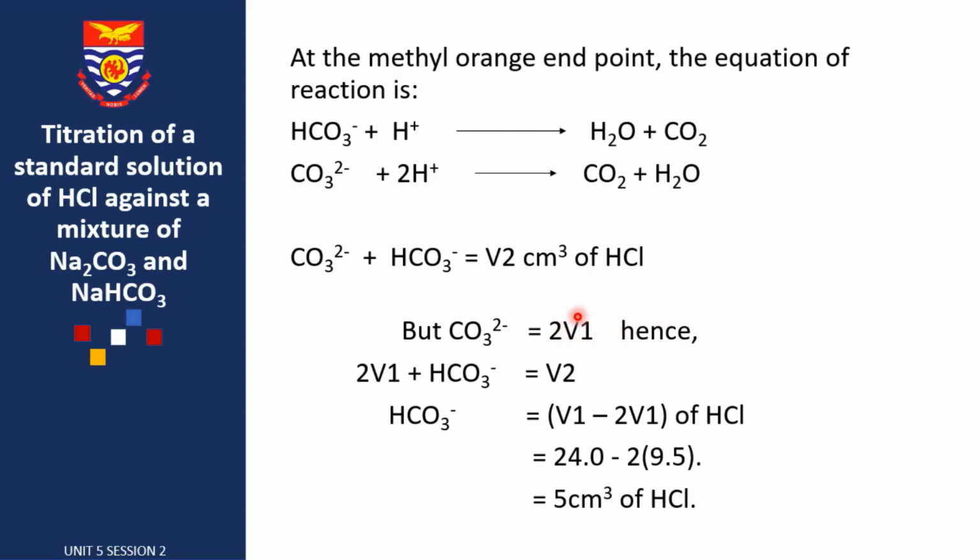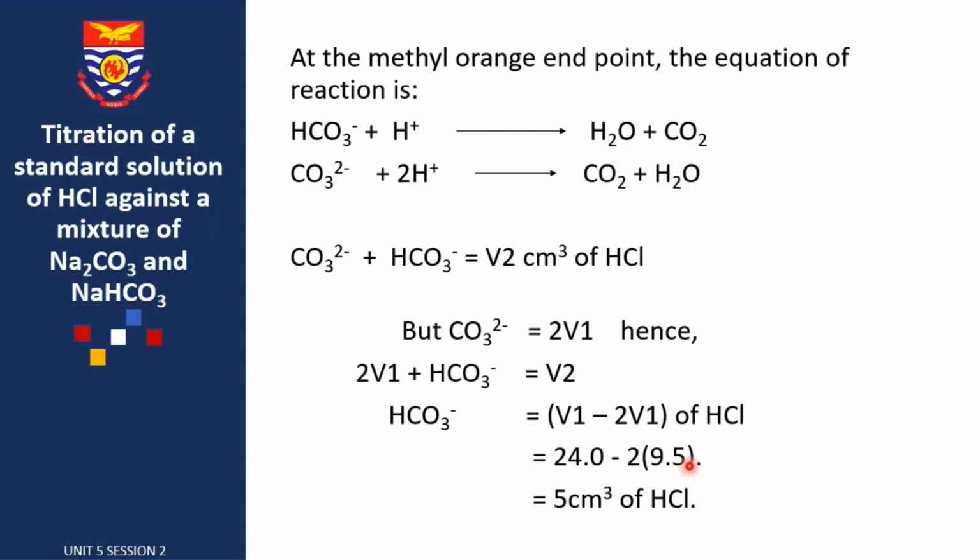So we do a substitution. We go for this 2 times V1 in place of this carbonate, and we have it here. So 2 times V1 plus the bicarbonate ion is equal to V2. So we take this 2 times V1 to the other side. We do our substitution, and we have 5 cubic centimeters.